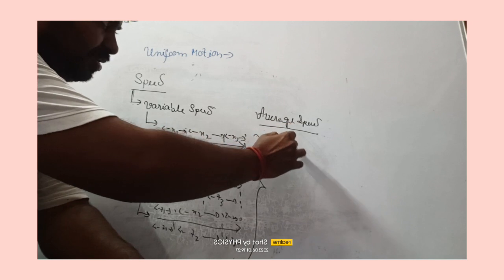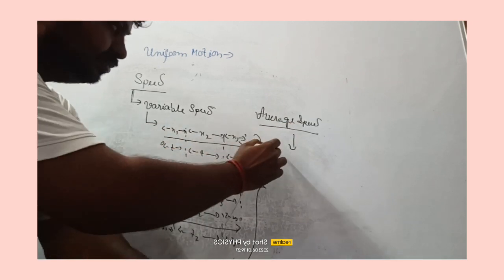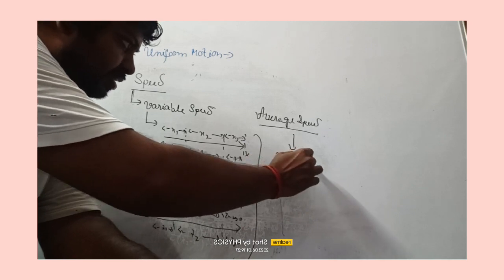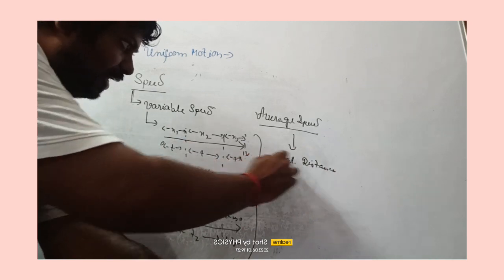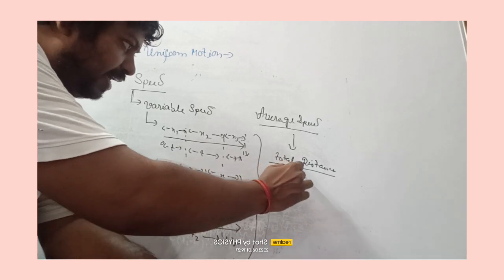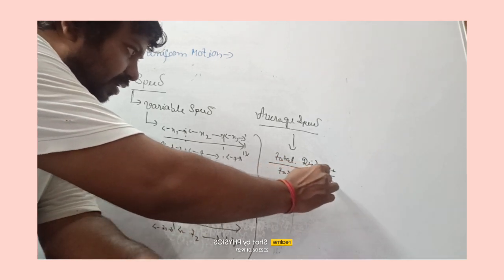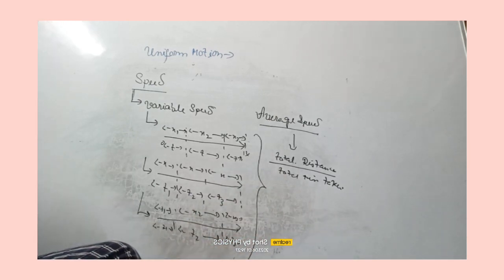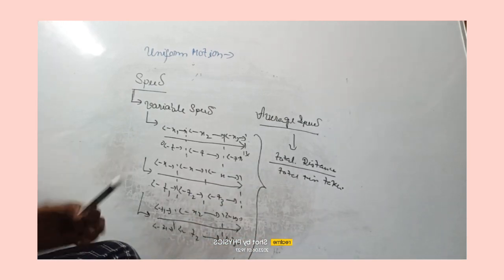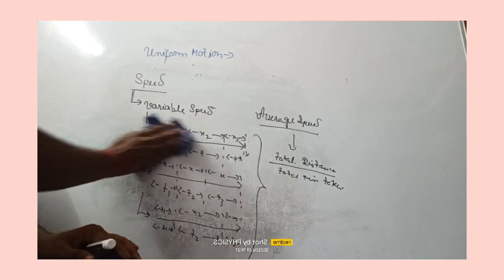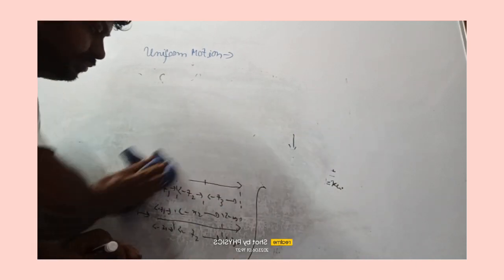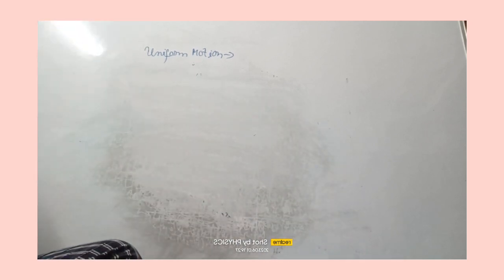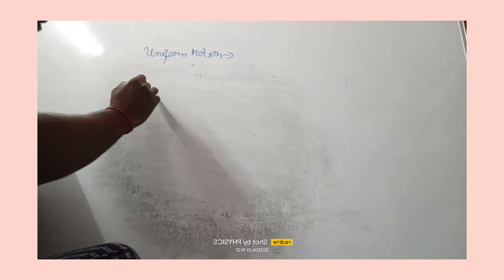That is, the average speed may be written as total distance by total time taken. So we may write it, considering one-dimensional motion along an axis.